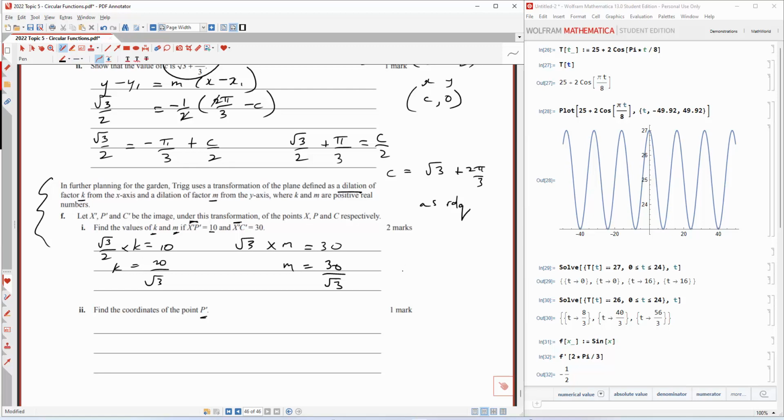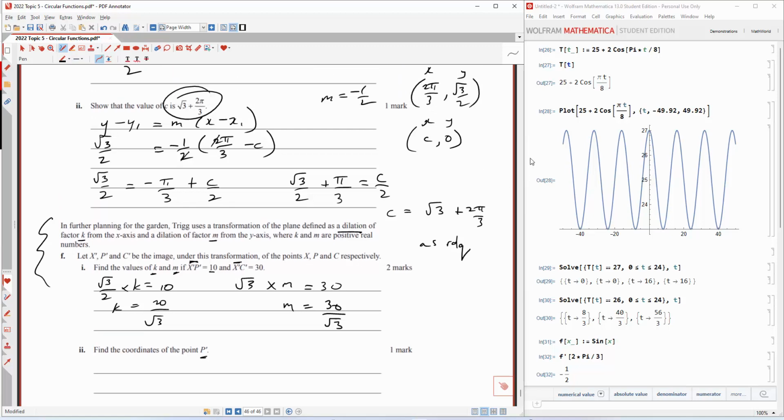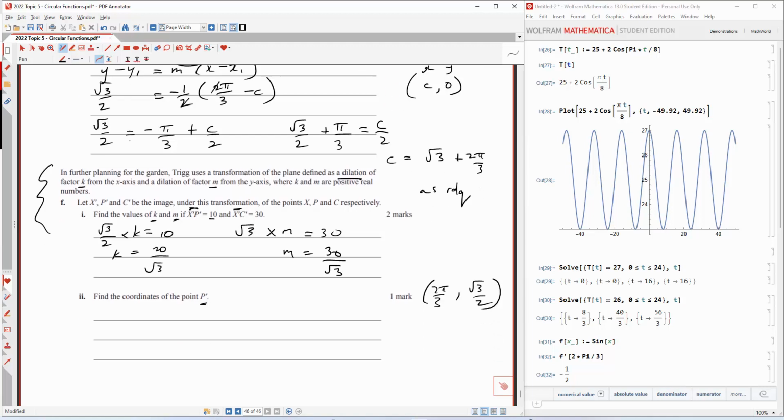So currently P, we've got it written down up here, that's point P. So currently it's 2 pi on 3 and root 3 on 2. And what we'll do is we'll dilate both of those by these factors here.